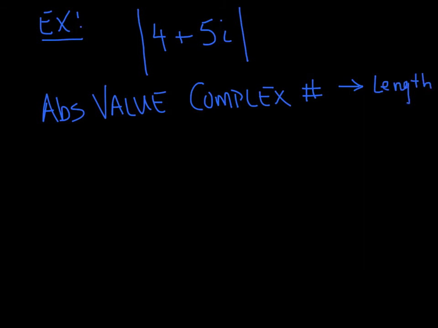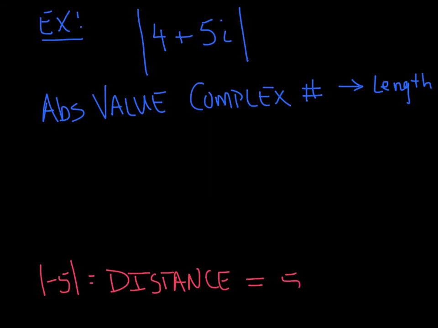And that's really what all absolute value was since day one. Back in the day, if we asked you for the absolute value of -5, what we were asking you for is the distance between -5 and 0 on a number line. That's all it was, we were measuring distance. And that's why we said the answer was +5, because the distance from -5 to 0 was 5 units long.